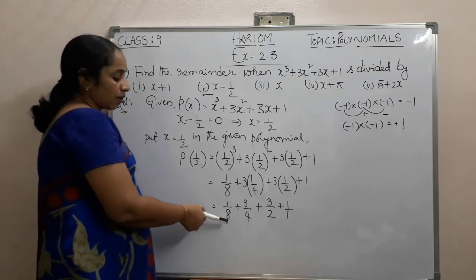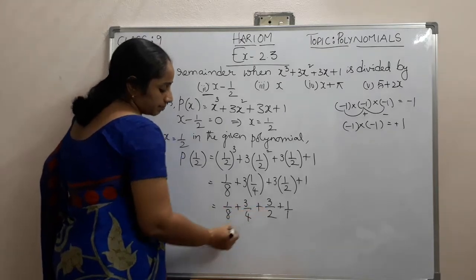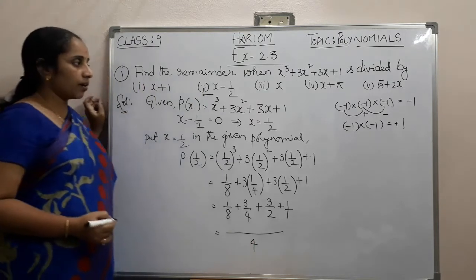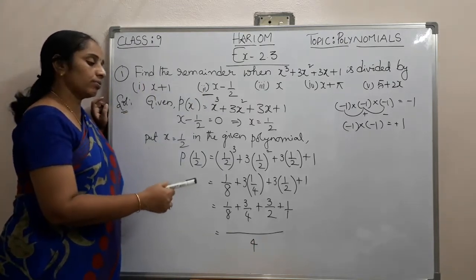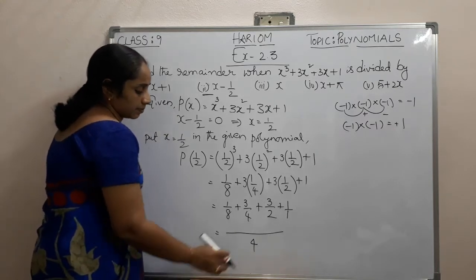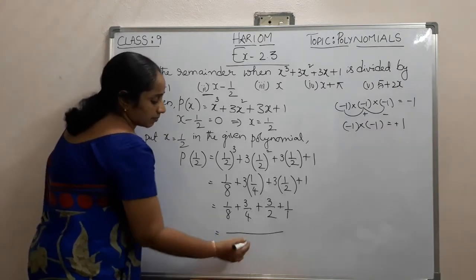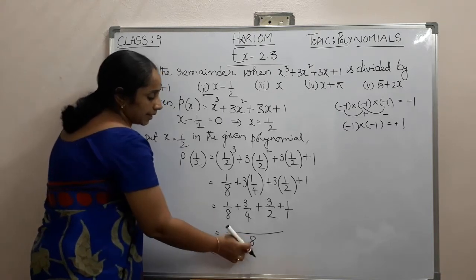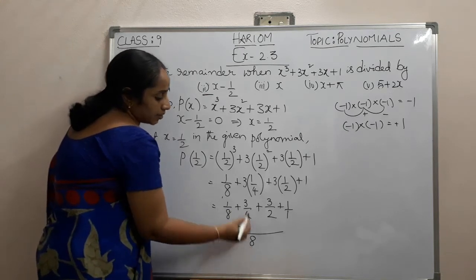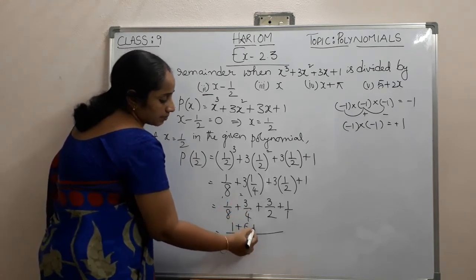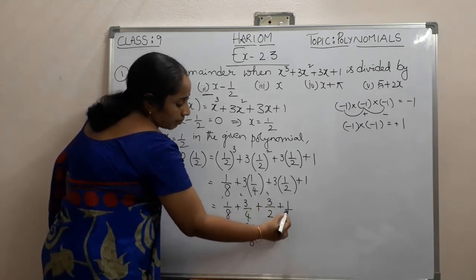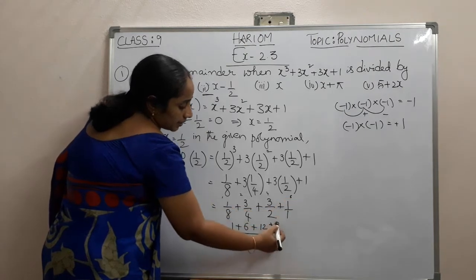Now, LCM of 8, 4, 2, 1 is 8. In 8 table, 8 1 times 1, into 1, 1. 4 table, 8 2 times, 2 threes are 6. 2 table, 8 4 times, 4 threes are 12. 1 table, 8 ones are 8.